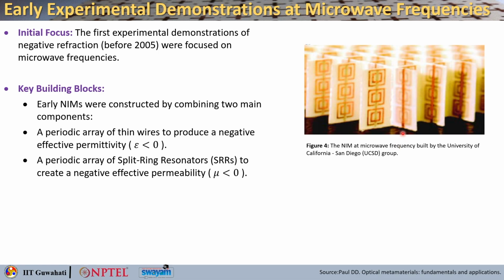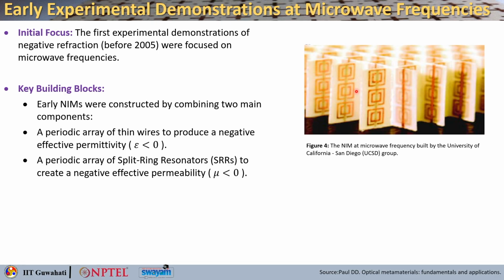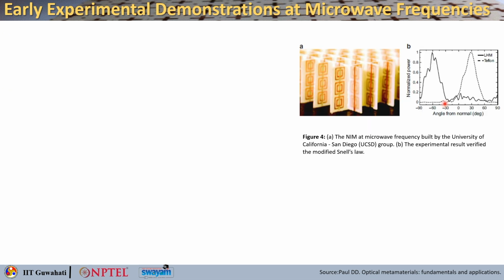So, you are basically having an array of wires which were giving you negative permittivity, and then you also have an array of split ring resonators that were giving you effective negative permeability. And these two things, the boards were cut and assembled into an interlocking lattice, and that was giving negative permittivity.